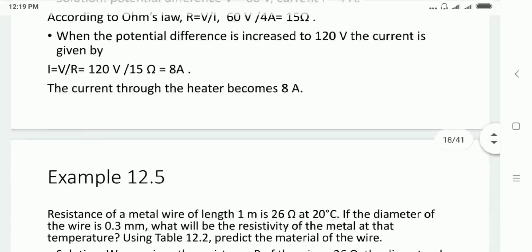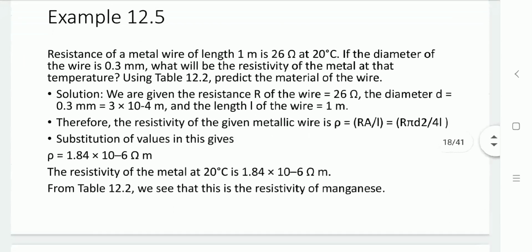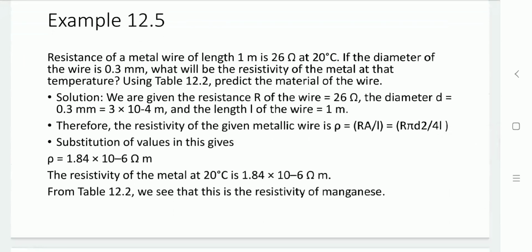Now the next example. The resistance of a metal wire of length 1 meter is 26 ohm at 20 degrees Celsius. If the diameter of the wire is 0.3 millimeter, what will be the resistivity of the metal at that temperature? We need to use the table we discussed previously and predict the material of the wire.